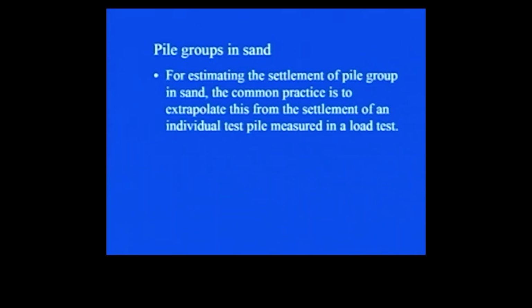You have already seen how this load test is performed in the field on a single pile, and how you get the load settlement curve for a single pile. So, when you find out the settlement of the pile group in sand, you can extrapolate the result of that individual pile.